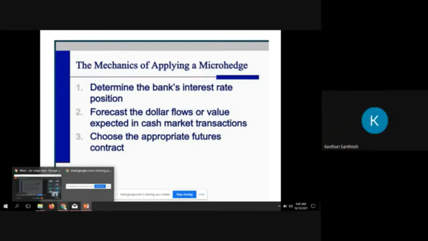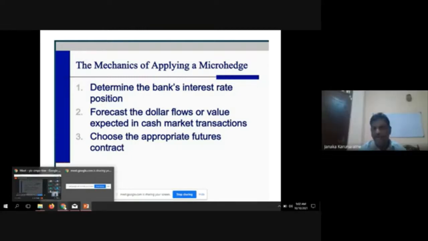Yeah, for short-term hedging. Yeah. Can you elaborate a little bit? How can you do it? You are correct to some extent, but if you elaborate a little bit, how do you do it?